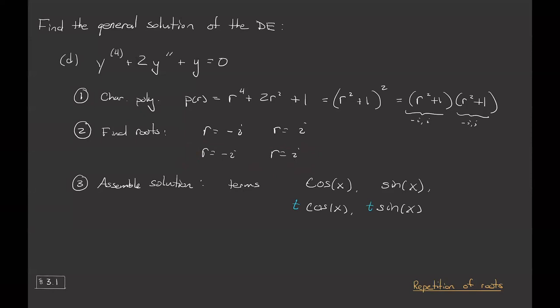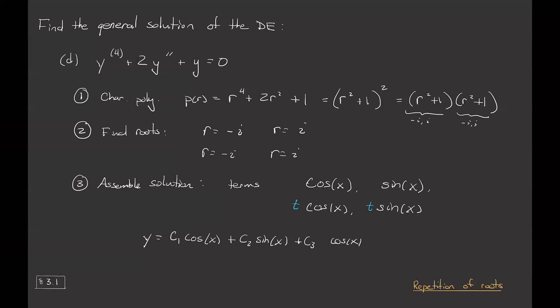To put this all together, we don't do anything different. We just take C1 times our first term that we came up with, plus C2 times our second term, plus C3 t cosine of x.